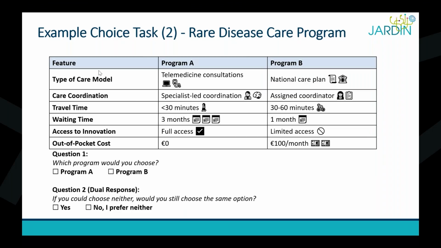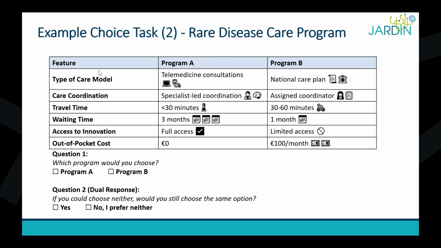What is common between the previous choice task and this second one is the common set of features. The attributes do not change as you move from one choice task to the next. What changes is basically the levels. In the previous case, we did not have, I guess, telemedicine consultations, or in the second program we did not have a national care plan. So the levels change as you move from one task to the other.